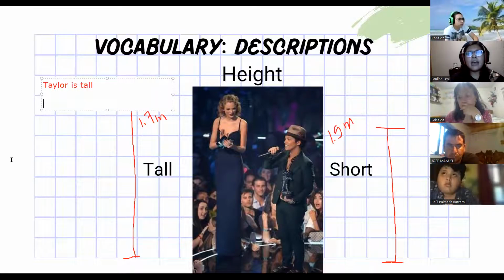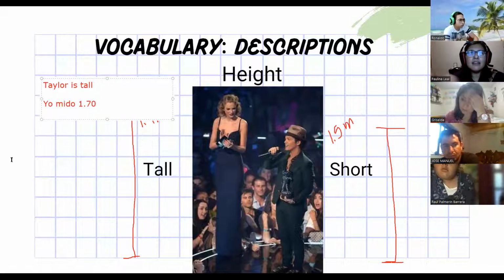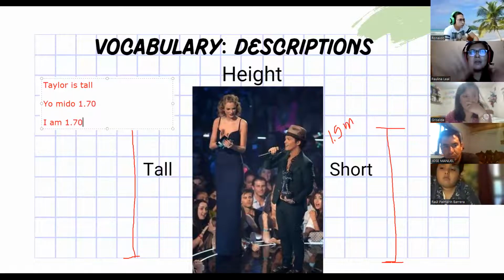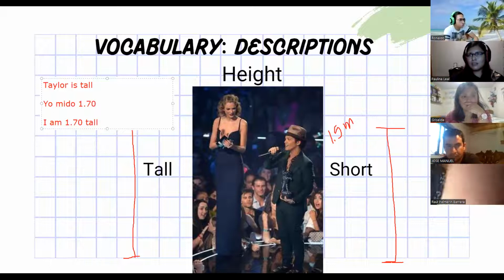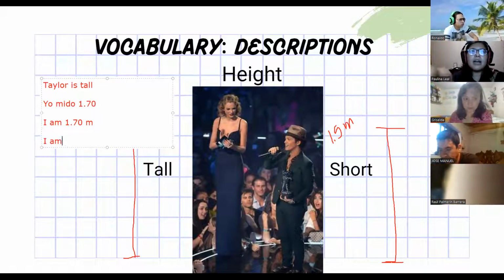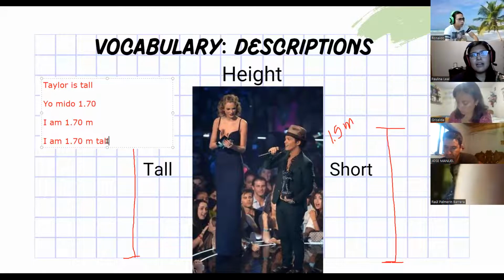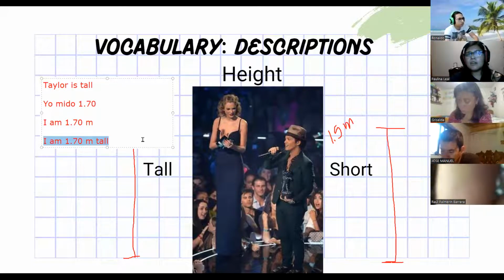Ronaldo? How do you say yo mido? So you would say I am. Por ejemplo, yo diría, yo mido 1.70. I am 170 tall. Or puedes eliminar el tall y solo decir 170. 170 meters or I am 170 meters tall. Normalmente lo gramáticamente correcto es esto.